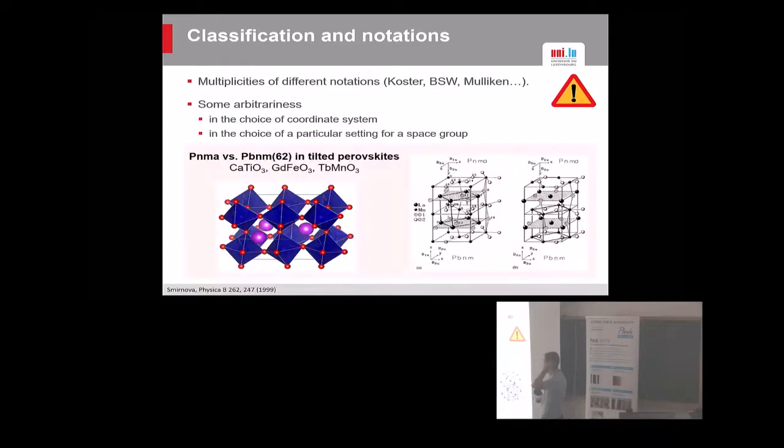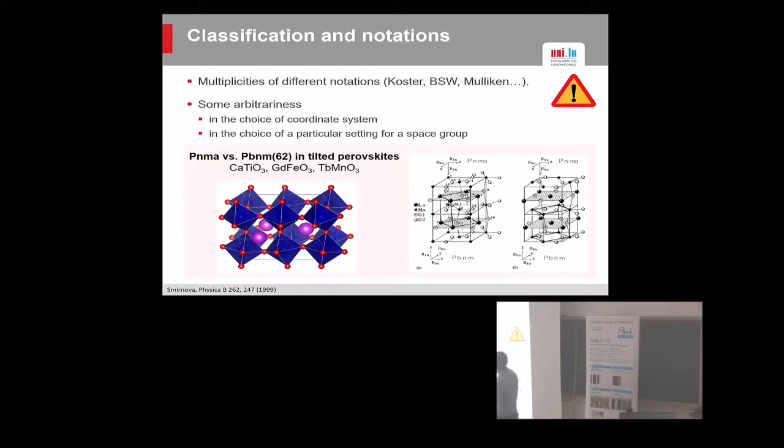And the second very famous case: in some space groups you have different possible settings, or different possible choices of origin, and those also result in different symbols for the irreps. There is a very famous case that I think many of you have already seen in the orthorhombic perovskites, like the very classical one, calcium titanate, the orthoferrites, the manganites, where we have space group number 62, okay?